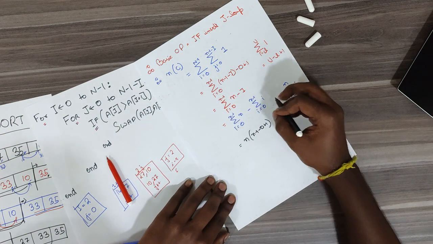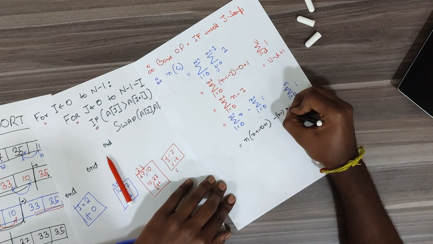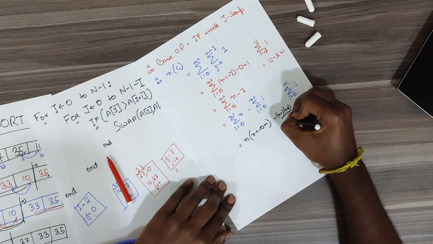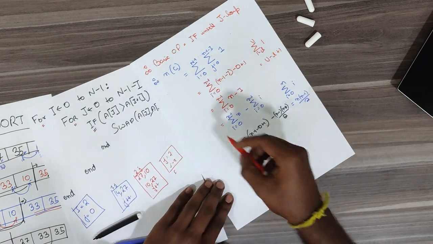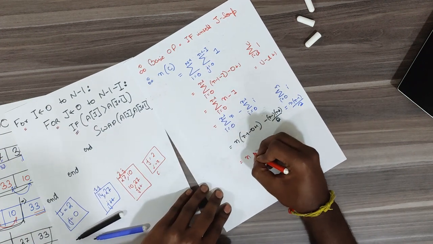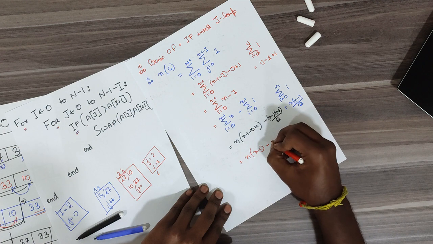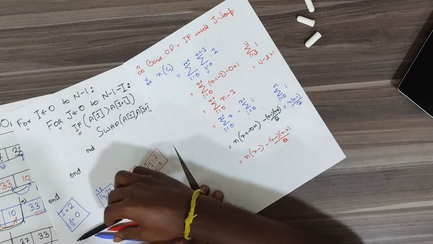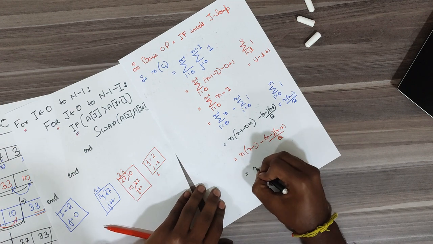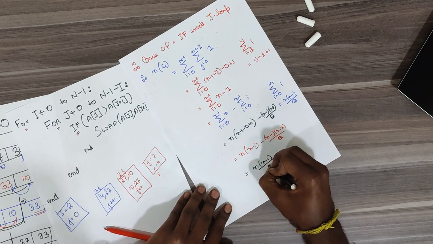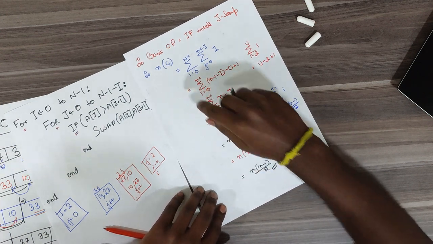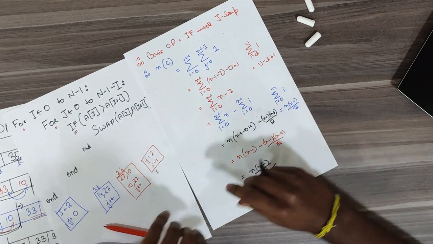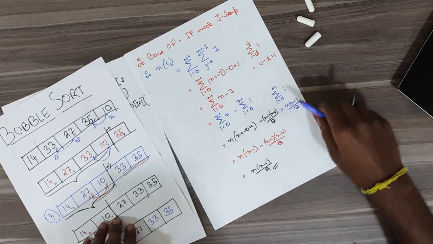So this here comes as n minus 1 into n minus 2 by 2. On further simplification, we get n into n minus 1 minus n minus 1 into n minus 2, all by 2. On solving this, we get n into n minus 1 by 2. So this here is the number of times the basic operation is being executed.